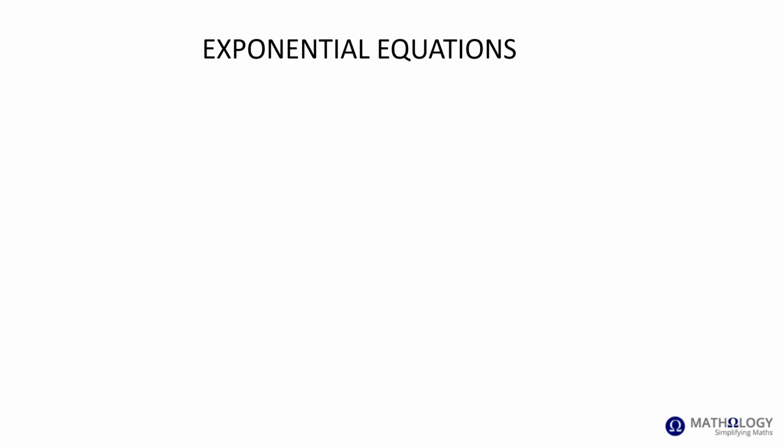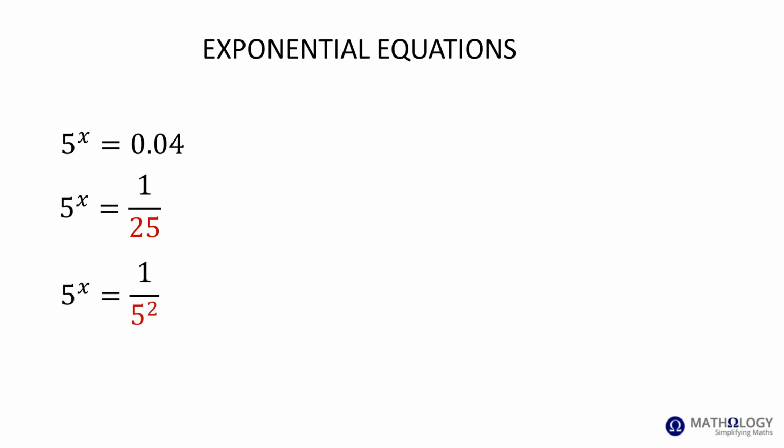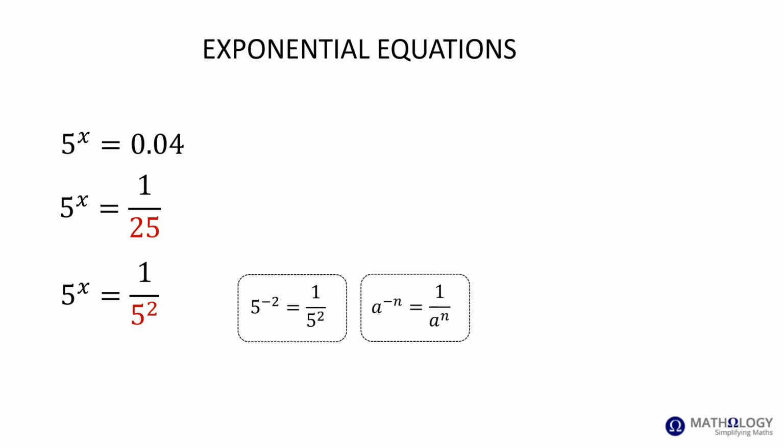Solve for x if 5 to the x equals 0.04. This is slightly different, but not any more complex. Since we have a decimal number on the right, we will first express it as a fraction, as 4 over 100, which in simplest form, equals 1 over 25. 1 over 25 equals 1 over 5 squared, and using the fourth law of exponents, equals 5 to the minus 2.